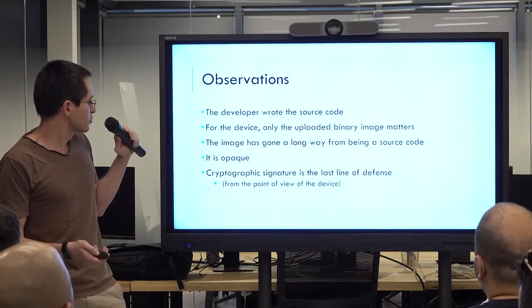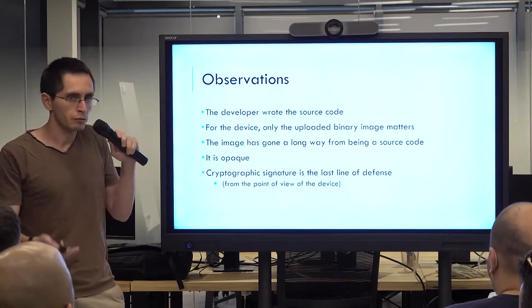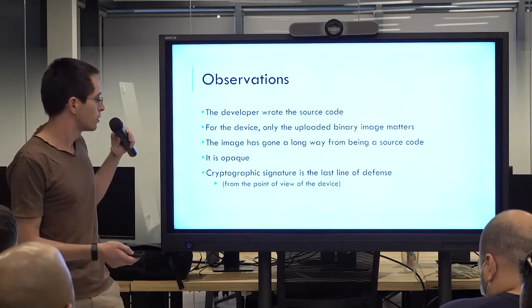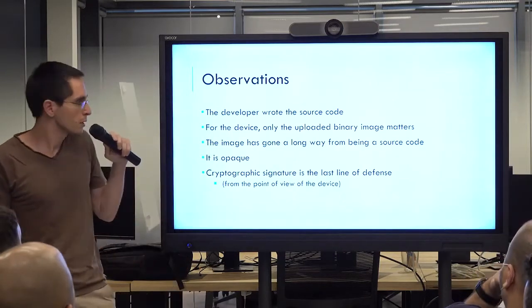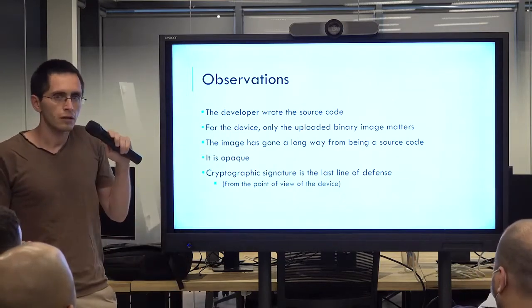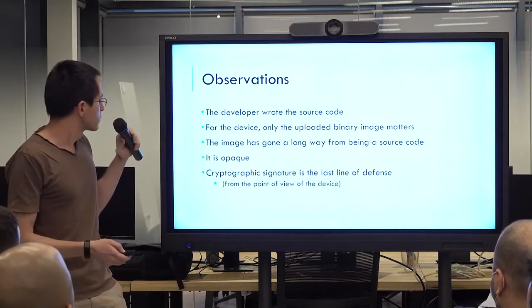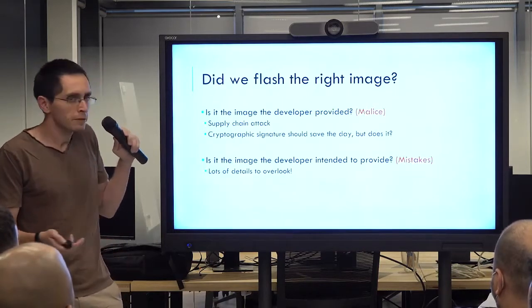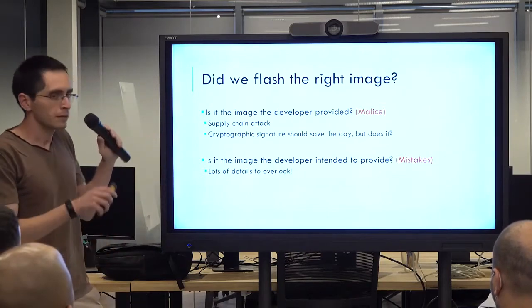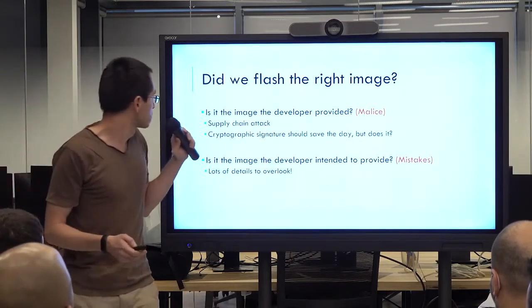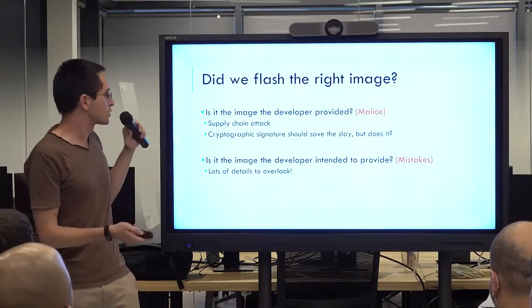So it starts to be problematic, and from the point of view of the embedded device, the only thing stopping someone from uploading something completely wrong to its memory is the signature. So, sounds problematic. Did we even flash the right image? How do we know? There are two scenarios here. One is, it's not even the image we wanted to flash.